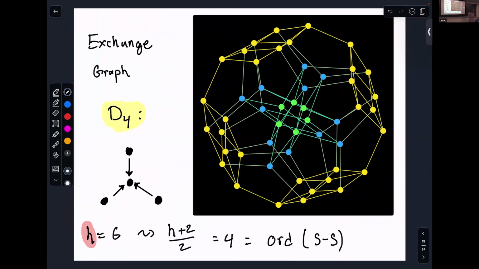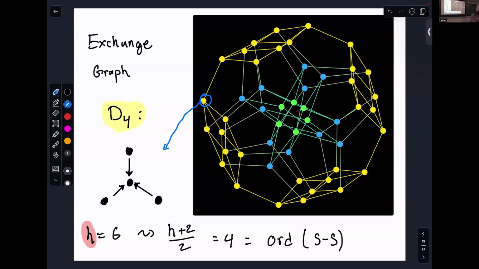Okay. Here's a picture of the exchange graph of this type D4 cluster algebra. Each dot represents a cluster, and the edges represent the mutations. The yellow vertices are all the Dynkin seeds, and specifically, this vertex here corresponds to this particular orientation of the Dynkin diagram.